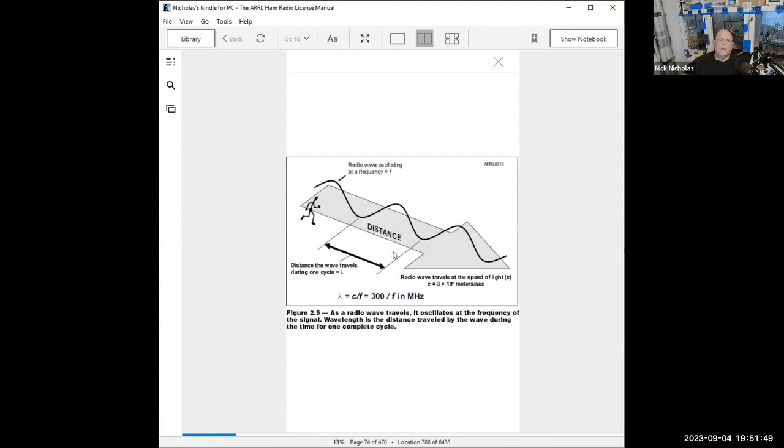So a wavelength is the distance that a wave goes from one point, through its opposite peak, and back to where you reference it again. I think I told you that the wavelength is equal to 300, which is the speed of light, divided by the frequency.